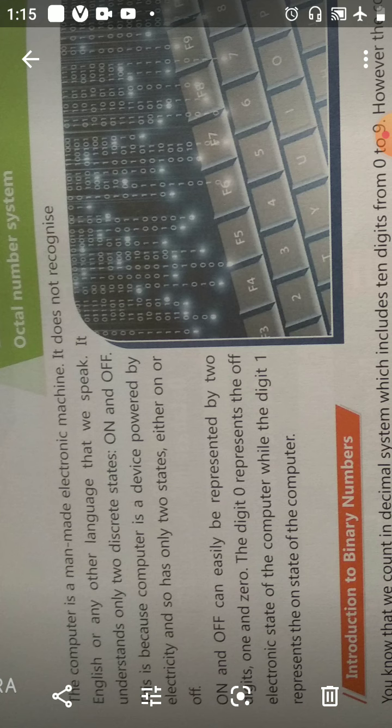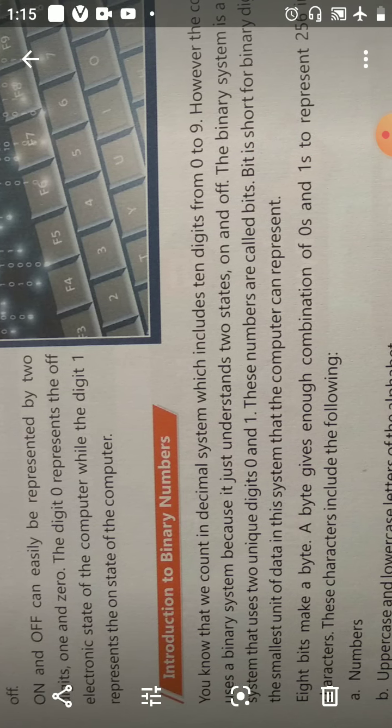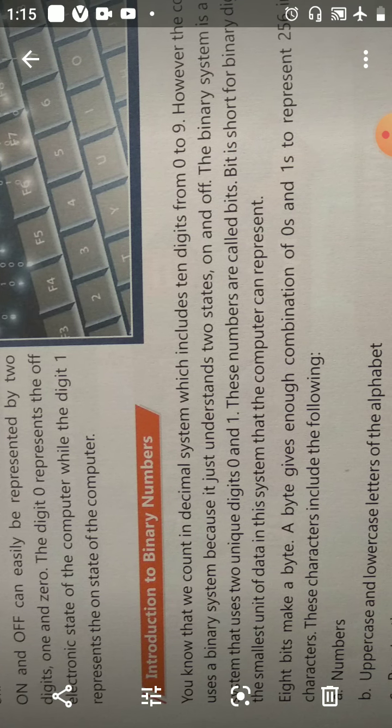Okay, so this is a brief introduction about the number system in computer. Now the main topic is introduction to binary numbers. Now you know that we count in the decimal system, which includes 10 digits from 0 to 9.